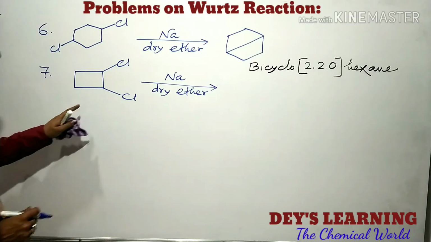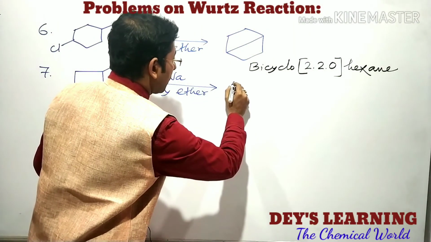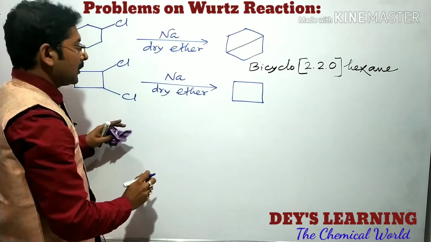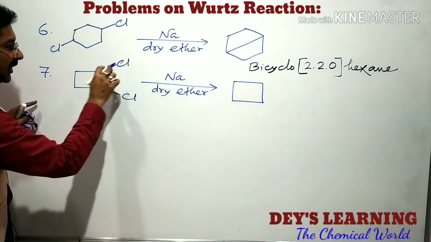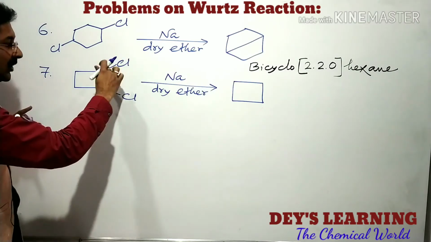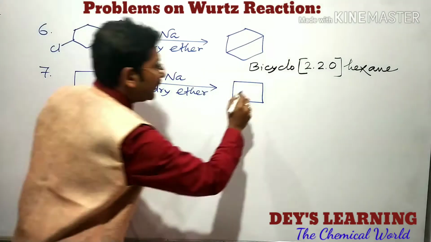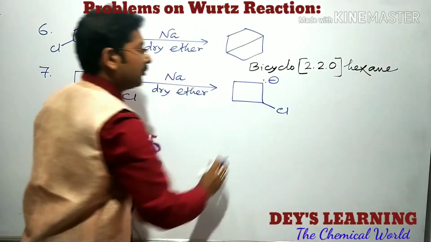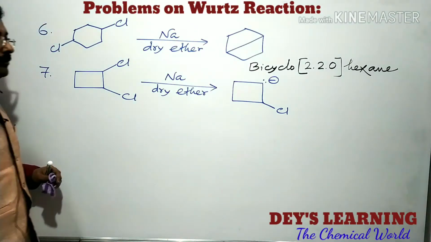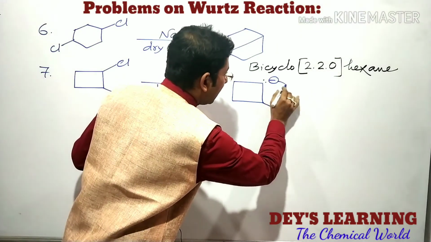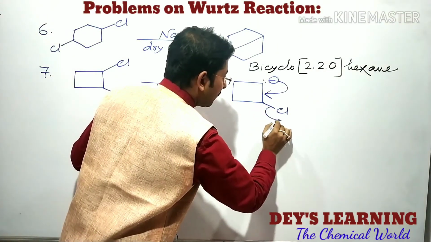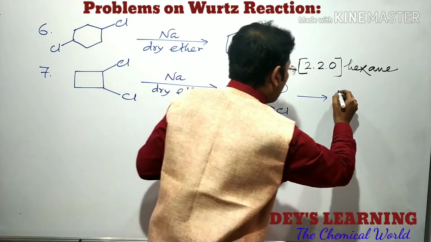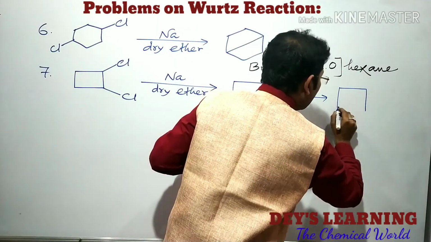This is very interesting. First step, sodium donates an electron over there and another electron over there. So this one will be a carbanion and Cl minus will leave here. So what will happen? There will be an elimination reaction. Cl minus will be released. So a cyclobutene will be formed.